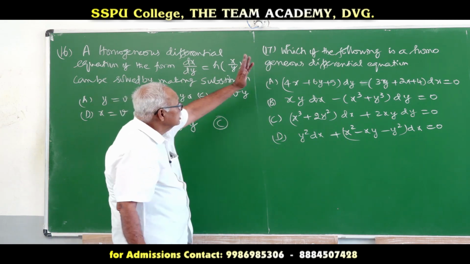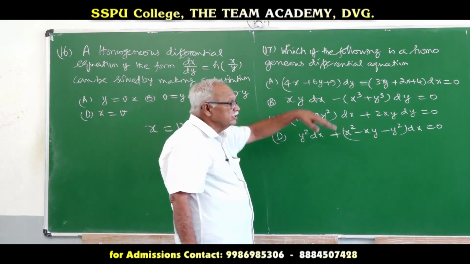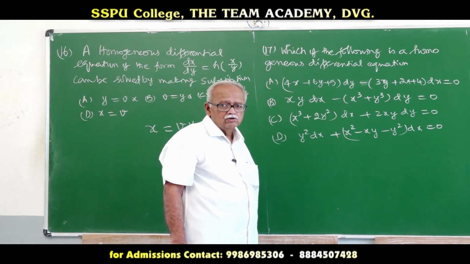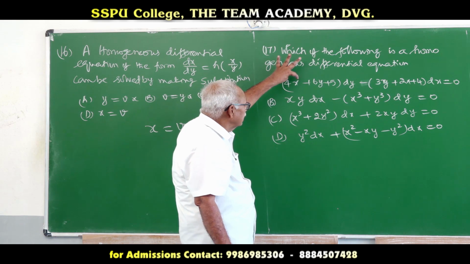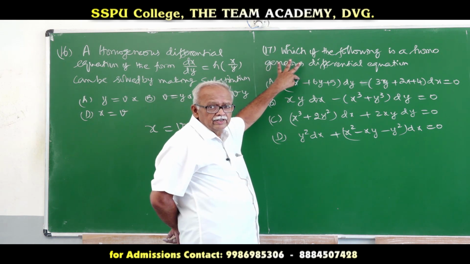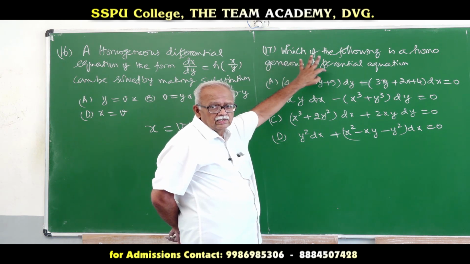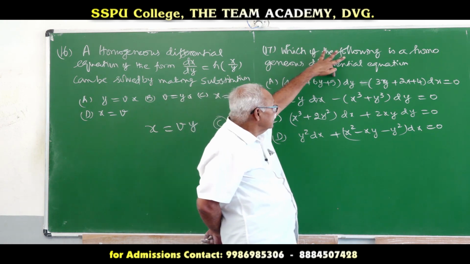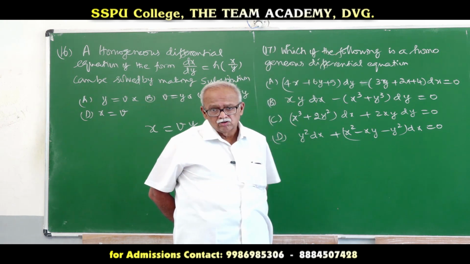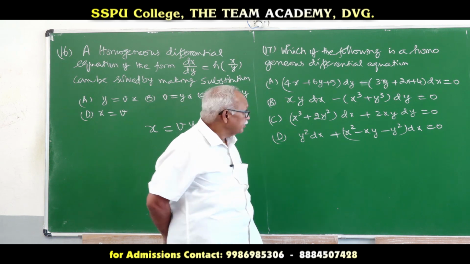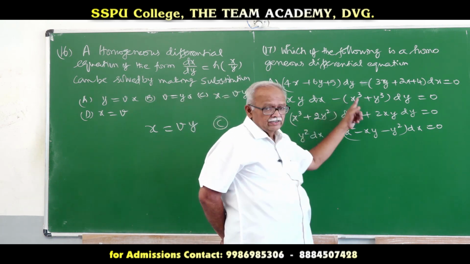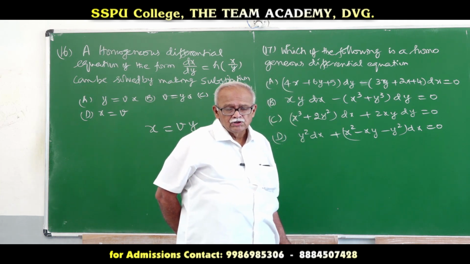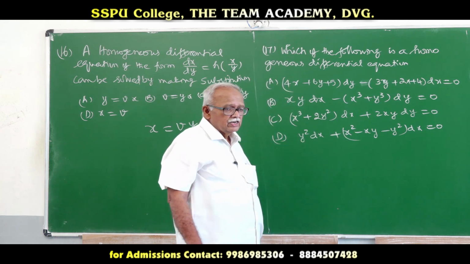So, next question is which of the following is a homogeneous differential equation? See how I am going to verify the homogeneous differential equation. Here you see the term here is the degree 1, this is also degree 1, but here the degree is 0. So, it is not a homogeneous differential equation. Here degree is 2 for this term. Here 3 and 2 does not match, so it is not a homogeneous differential equation.